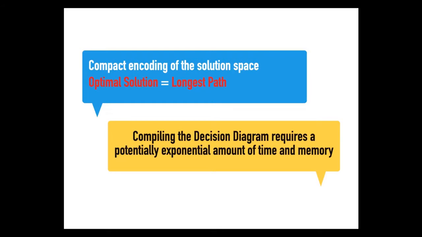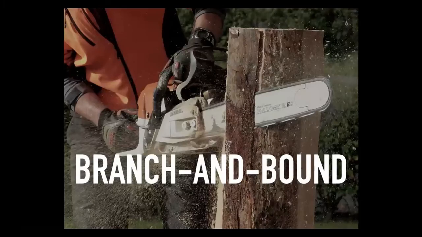But there's a major flaw: compiling the decision diagram might require a potentially exponential amount of time and memory. This is why we have to work around the memory limitation. A few years ago, Bergman, Cire, and Vianney proposed a branch-and-bound framework based on MDD, which effectively works around that limitation.